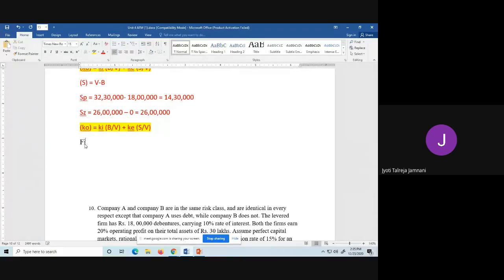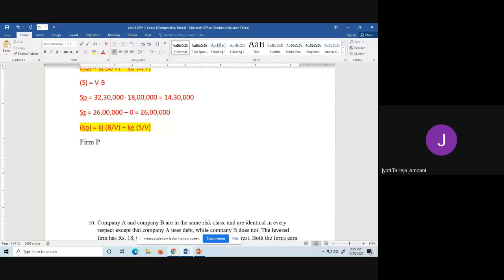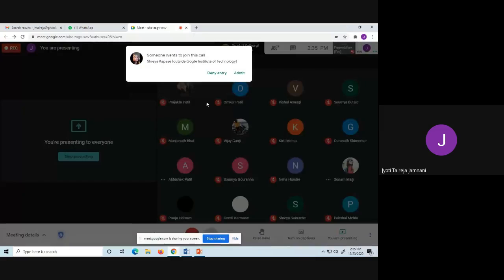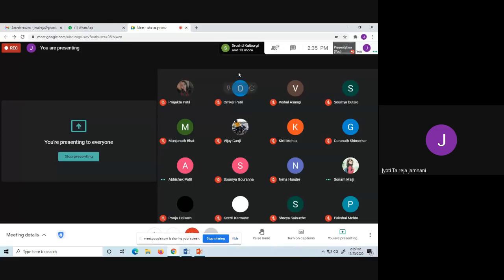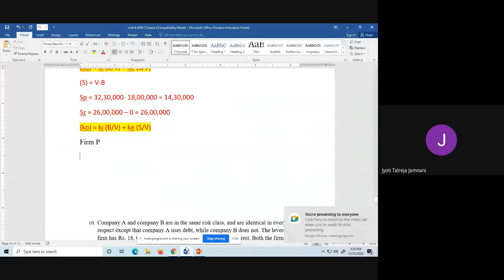So first we'll do it for firm P. For firm P, K naught is equal to Ki, that is cost of debt, which is 10%. So I'll take it as 10 into value of debt, which is given in the problem, 18 lakh, divided by value of the firm.